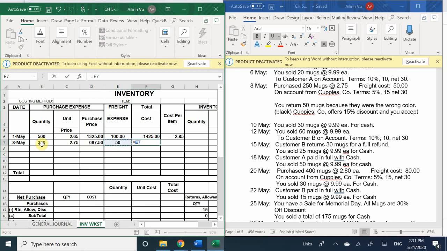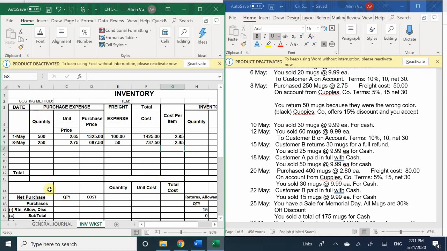So we got a grand total of $737.50. Now, how do we solve for the cost per item? Total cost. We divide the total cost by the quantity. Yes, and we get $2.95.